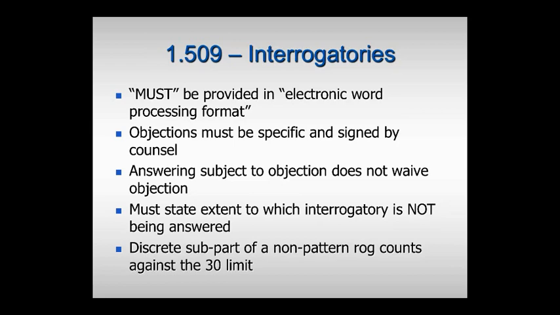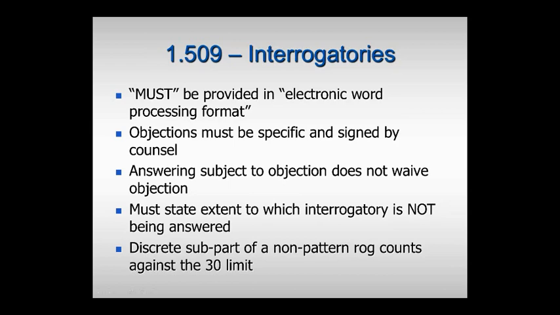And also, we wanted to make clear that if you're going to object, but then you're going to answer parts of the interrogatory, you need to say what part of it you are not answering, so that the other side knows whether there's something worth fighting about.